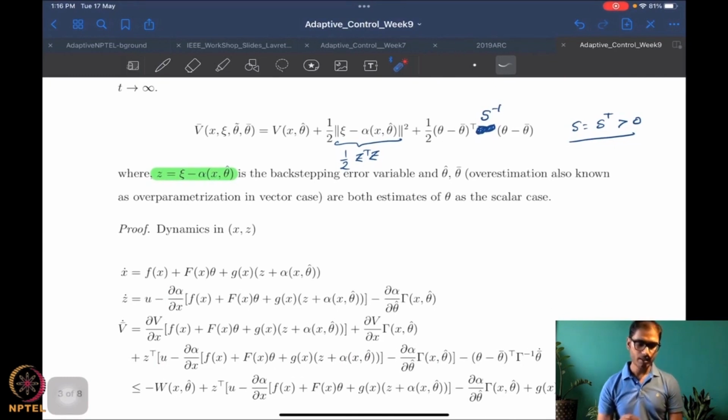So the first thing we want to do is write the dynamics in the new variables, which are x and z now, because we introduced a backstepping variable. It's not x and psi, but x and z. So x dot is f(x) plus f(x) theta plus g(x) times the u.